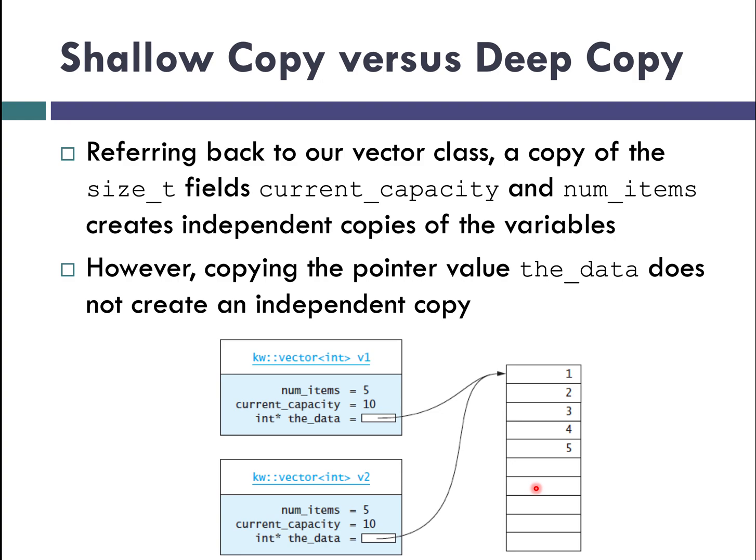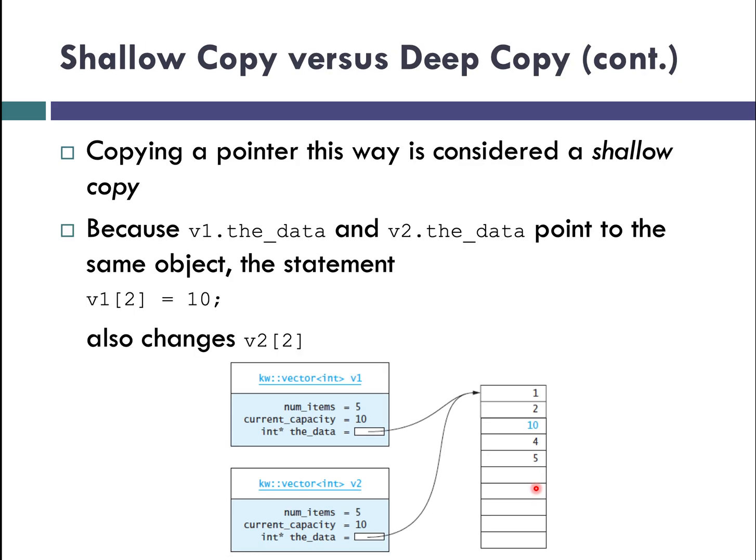Let's introduce the notion of a shallow copy versus a deep copy. If we do a shallow copy, we can just point both items at the same data. However, if we want to do a deep copy, then we're going to have to copy everything over to a new data space. A lot of times we'll end up doing a shallow copy until we've modified.